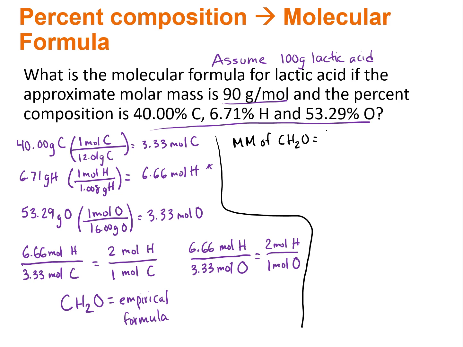I'm not going to write out all the addition here. I think we can all calculate molar mass. You should get something in the ballpark of 30 grams per mole. Can't stress enough, that's the empirical formula.